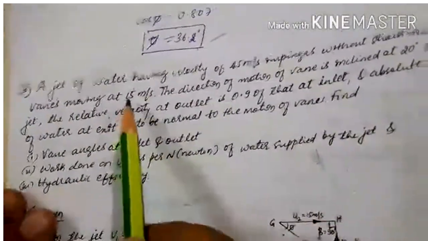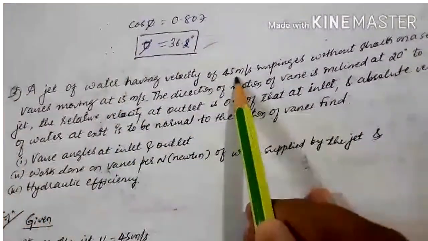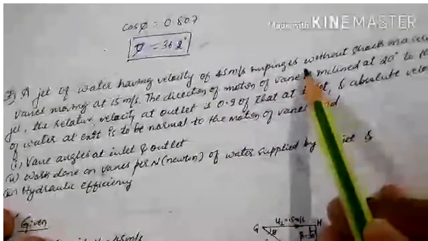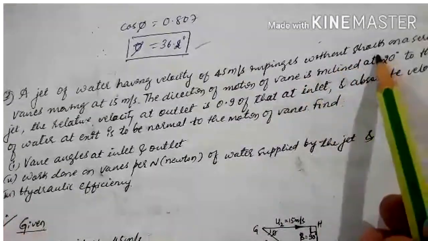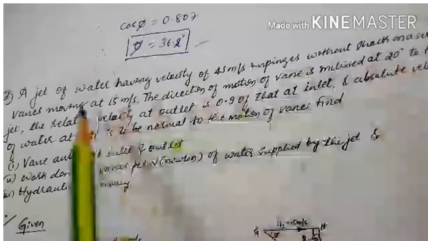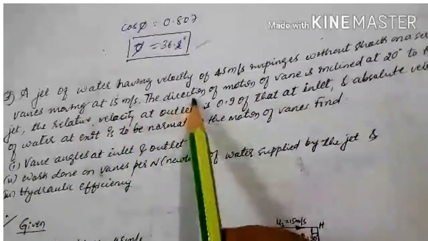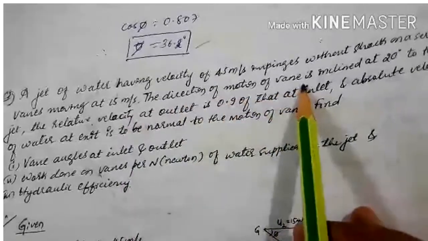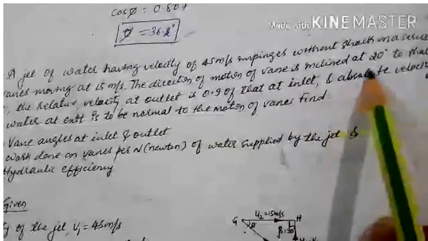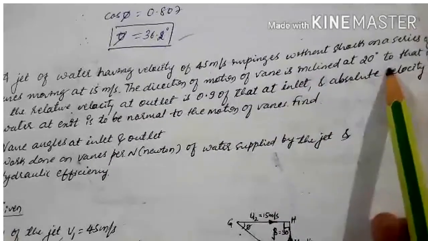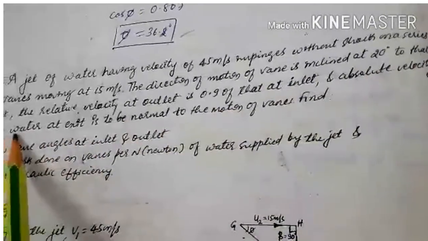A jet of water having a velocity of 45 meter per second impinges without shock on a series of vanes moving at 15 meter per second. The direction of motion of vane is inclined at an angle of 20 degree to that of the jet.